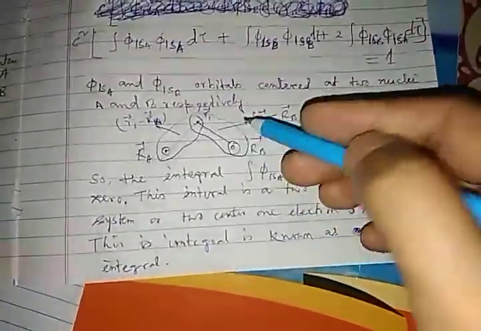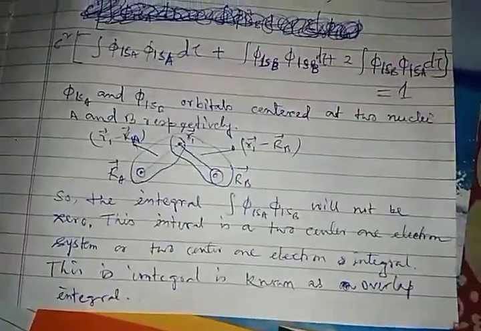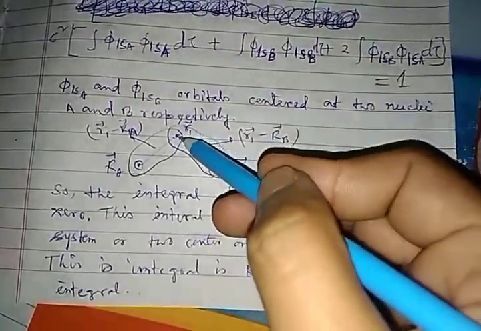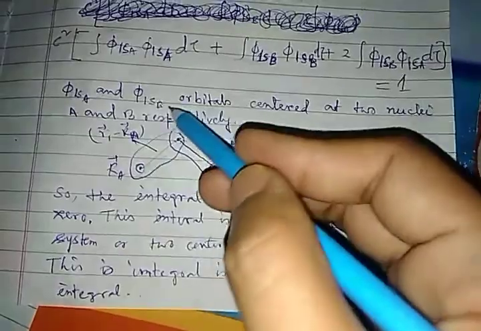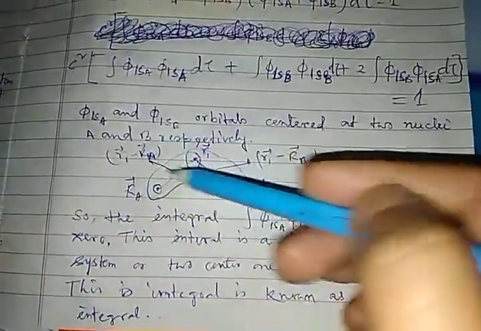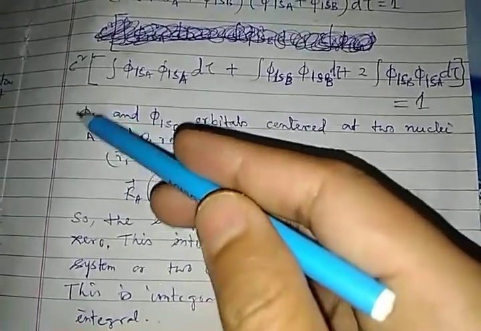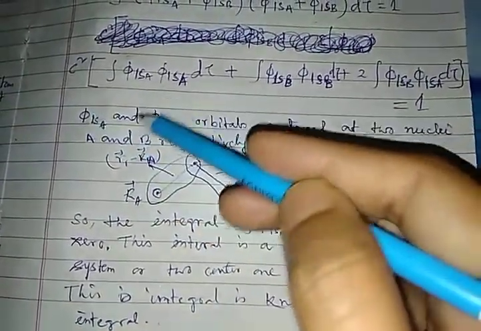So if I look at this, the electron is centered on the two nuclei. That is the orbital for the electron. This single electron will be phi 1s a and phi 1s b.